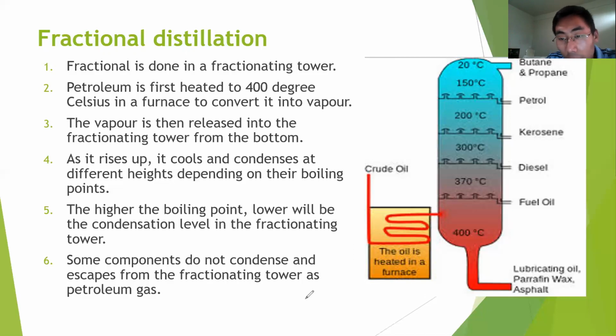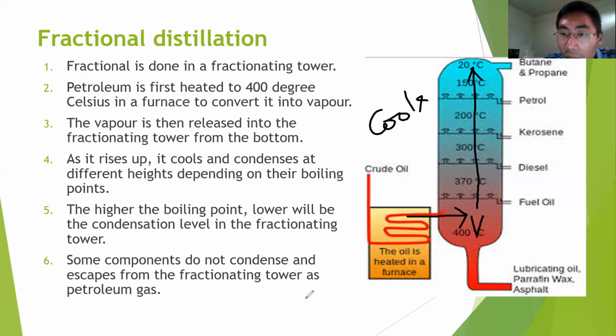Once the crude oil changes into vapor, it is then released into the fractionating tower. Now this is your vapor. So this vapor then goes up, and at the same time it also cools down.